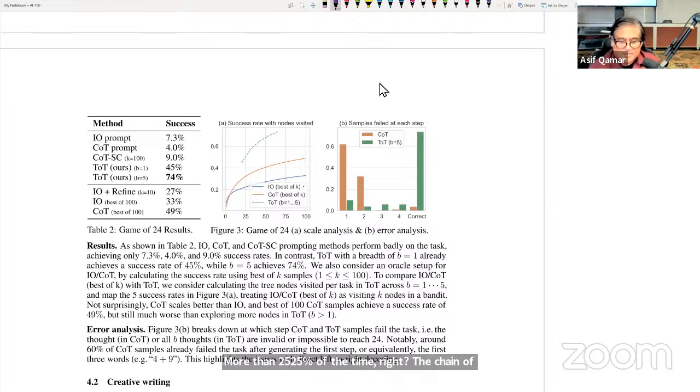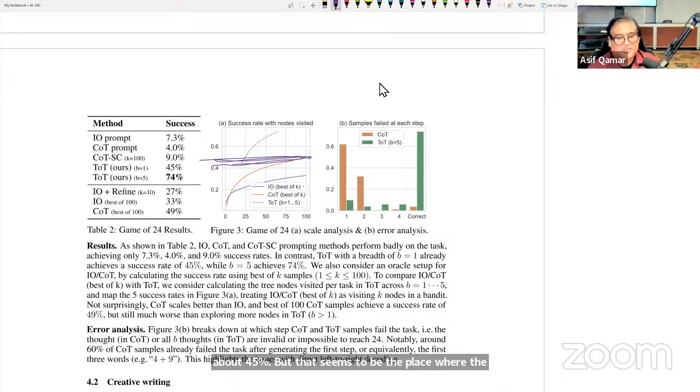The chain of thought does better; we consider the setup of success rate using best of k samples, like sampling k times. You notice that the success rate of this saturates at about 45%. But that seems to be the place where the tree of thought practically begins.